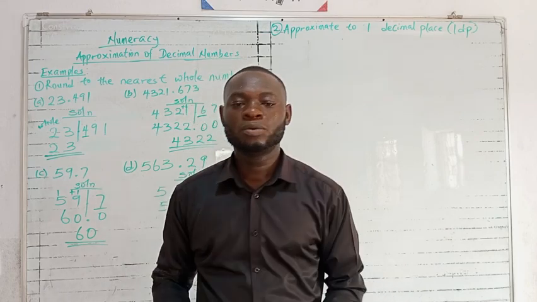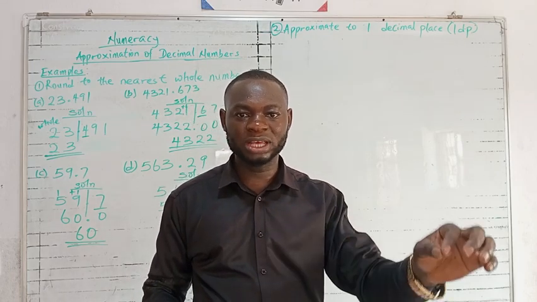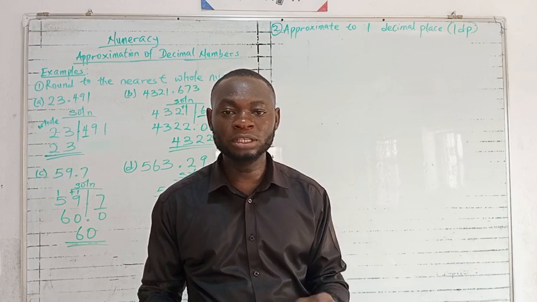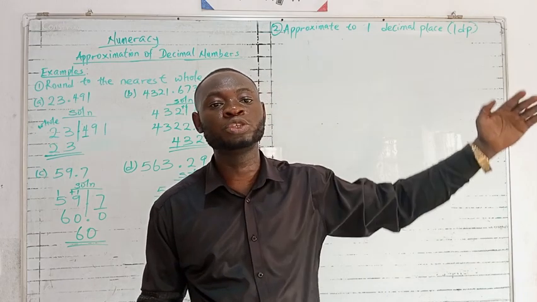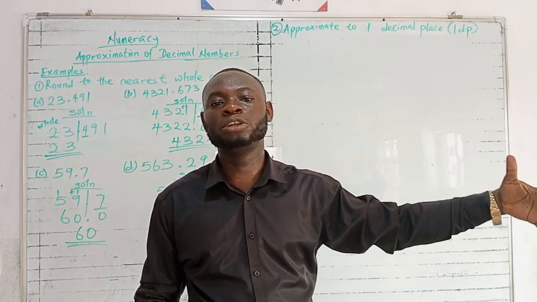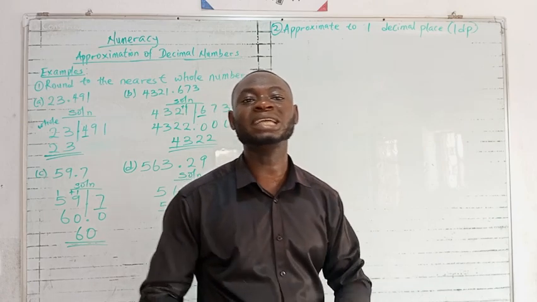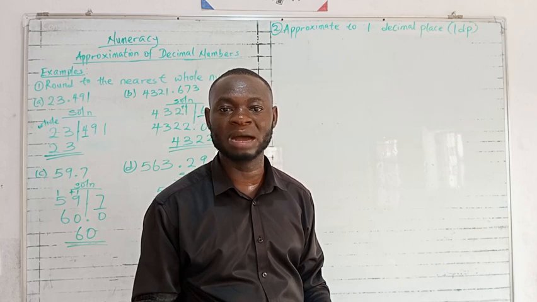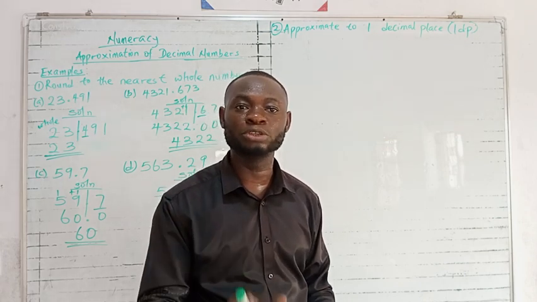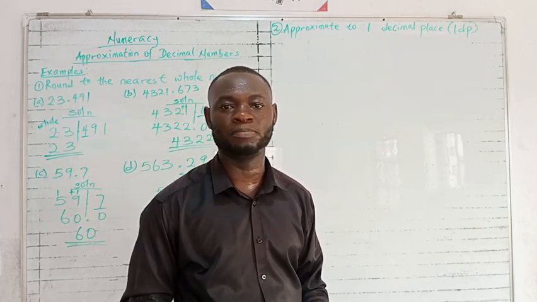Okay? Now, when we want to round to 1 decimal place, it simply means that we need to reduce the number of decimal values to 1. Even if the number has 10 decimal places, we need to reduce that number to only 1 decimal place.